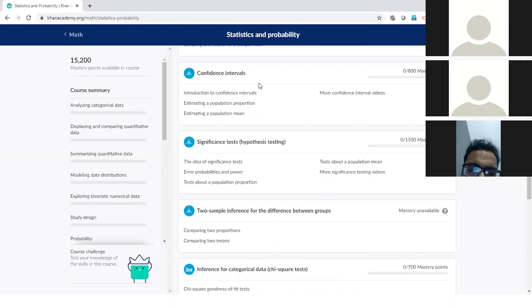Confidence interval. This is another important topic, because confidence is related to probability. For example, let's say you ask me something and I say, okay, I am 90% confident that the value would be 100, but I am 80% confident that the value would be 100.001.